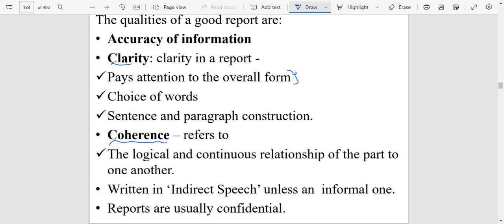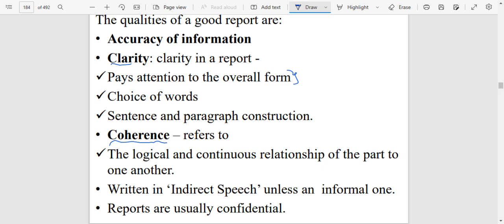You can also write indirect speeches, unless it is informal writing, where you mostly don't use indirect speeches. Indirect speeches are also called reported speeches. You are trying to say not directly what someone said, not exactly what someone said.